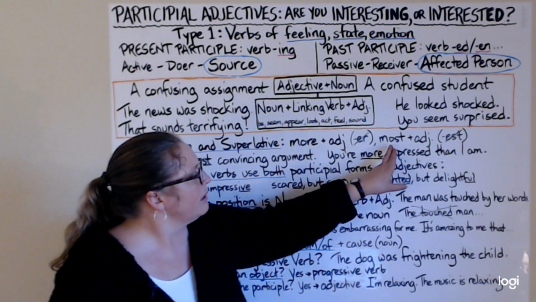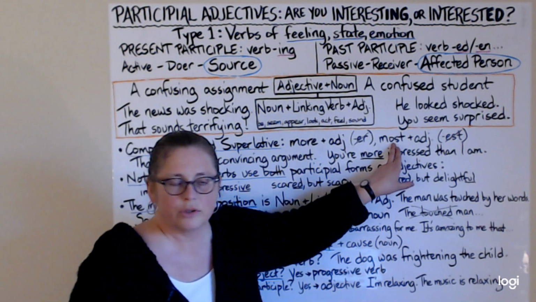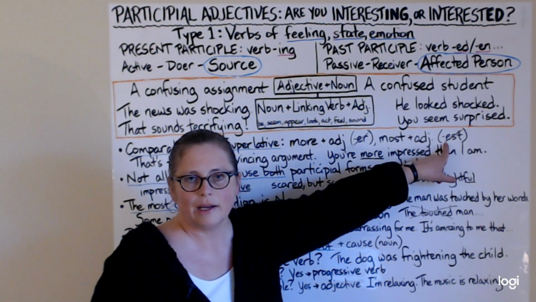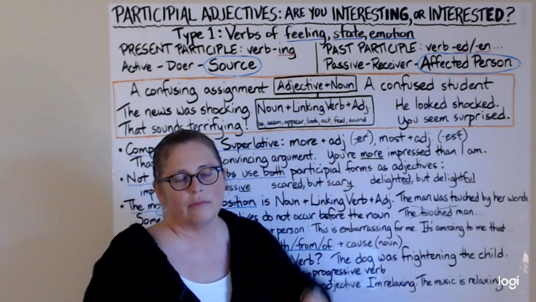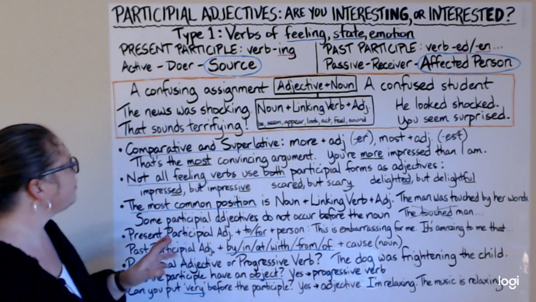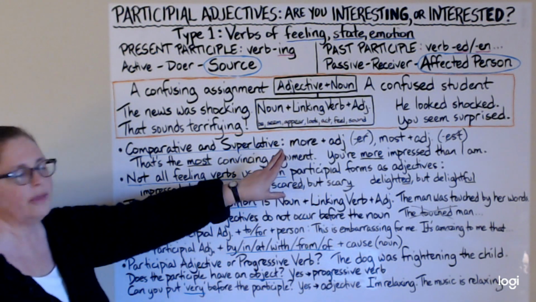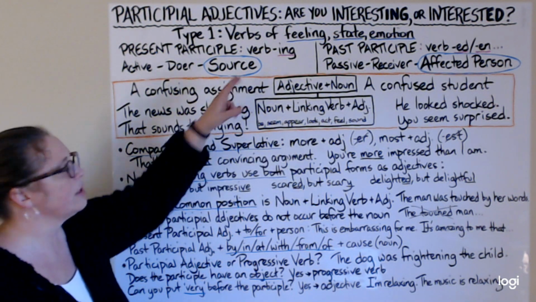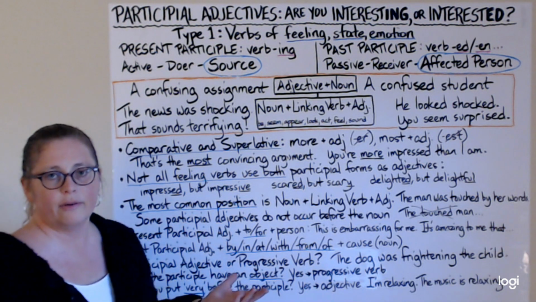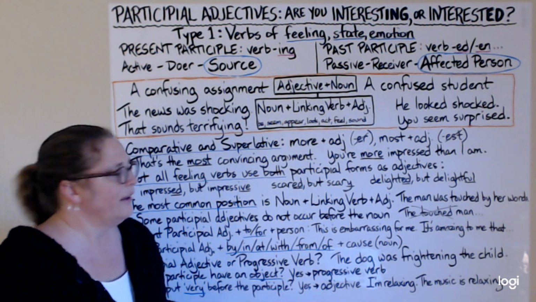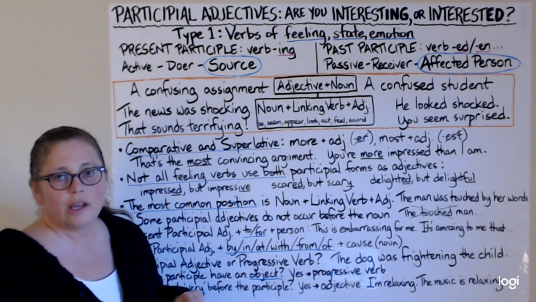With superlative, you use most. You don't use EST. Same reason. It's two or more syllables. That's the most convincing argument. The argument is the source of the convincing. So you need to use the ing.